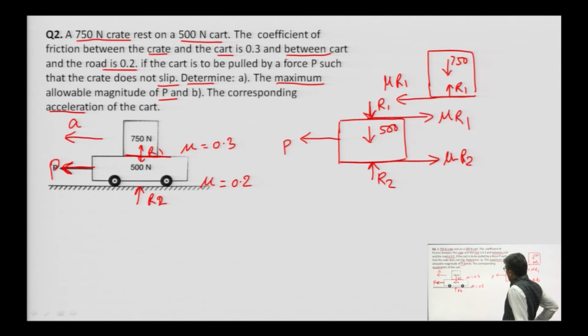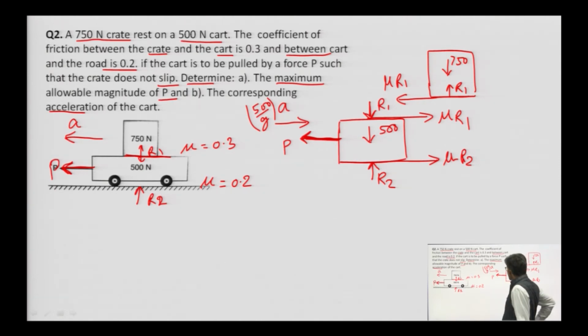And one more force needs to be applied here, which is the inertia force. It will be applied at the resultant point. Here horizontal force is only one, so we will apply it at the same point. In this direction we will apply the inertia force, say acceleration is A, and its weight is 500, so it is 500 by G, in newtons.